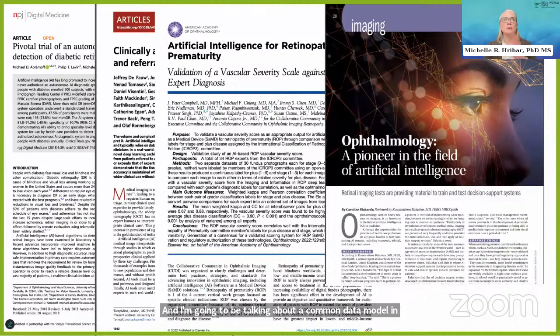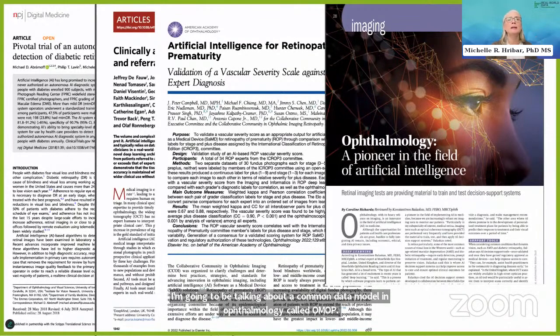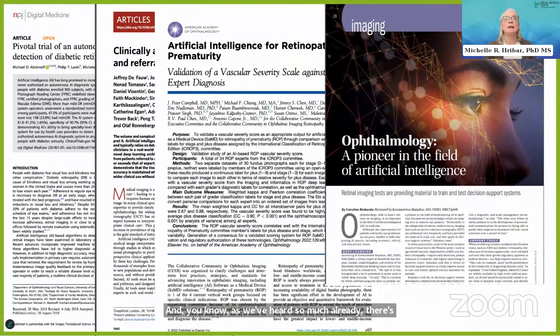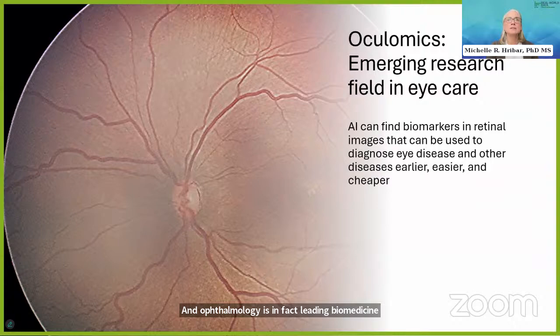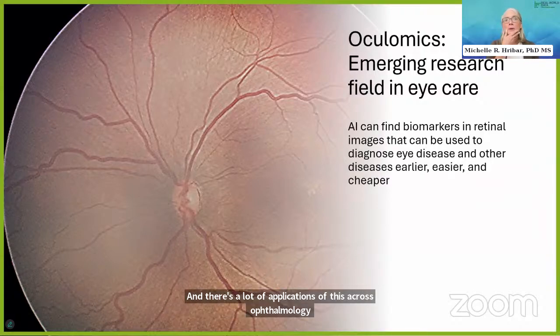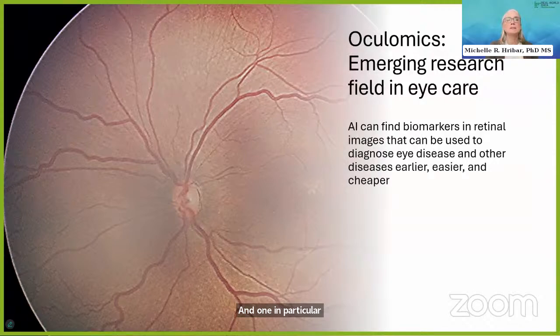And, as we've heard so much already, there's been a lot of work in AI and biomedicine in ophthalmology, and ophthalmology is, in fact, leading biomedicine at this. And there's a lot of applications of this across ophthalmology, and one in particular that really intrigues a lot of us is this idea of oculomics, not only because of its potential, but because of the data that you need to actually study this.